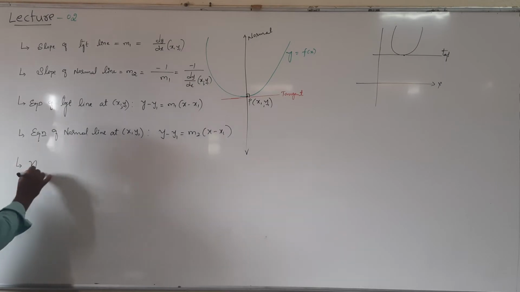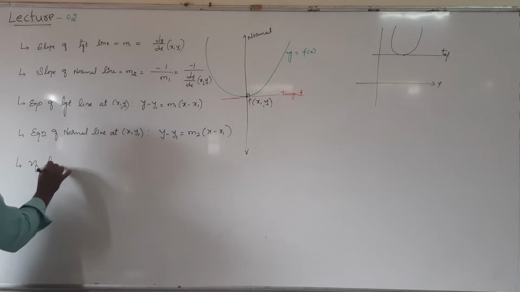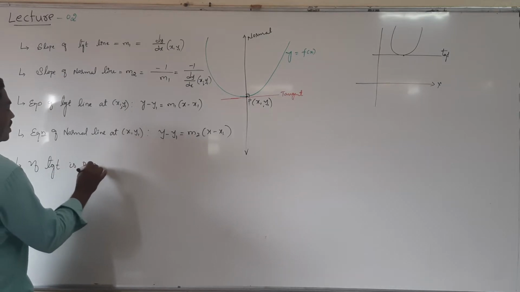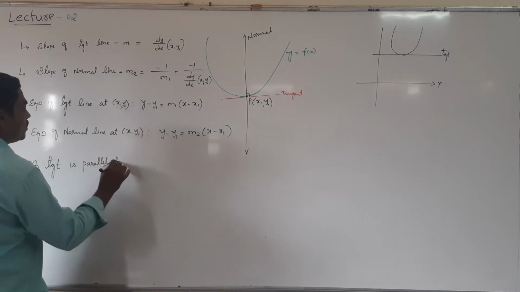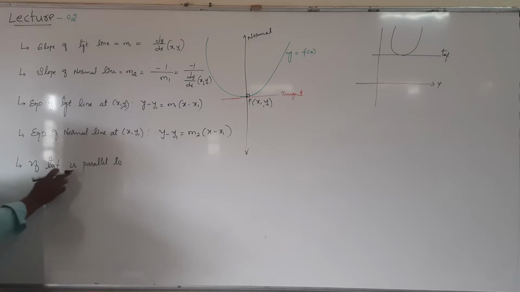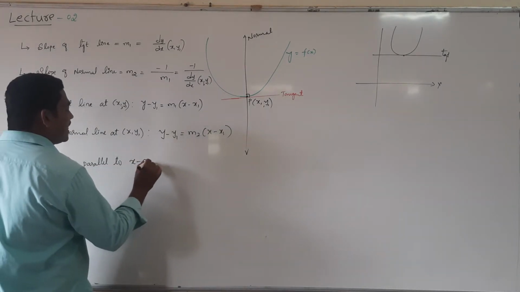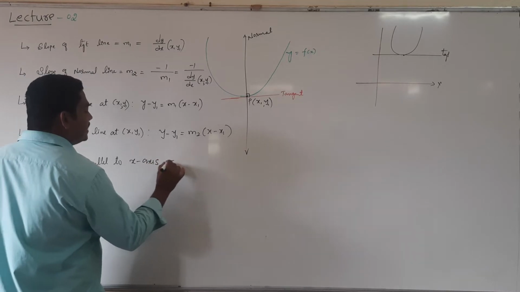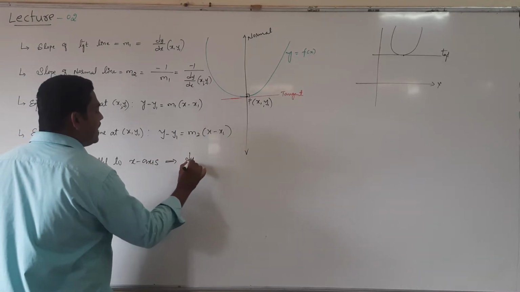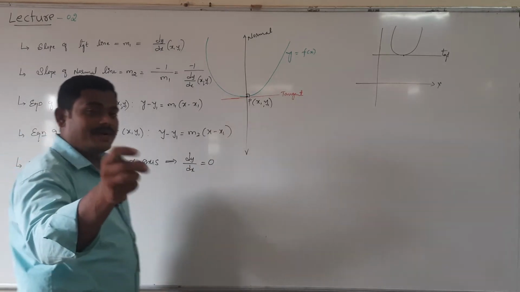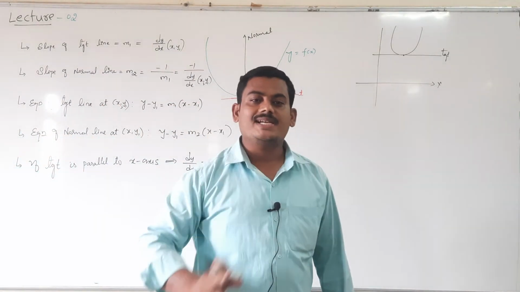One more point, if the tangent is parallel to the x-axis, then dy by dx equal to 0. Why is dy by dx 0? Slope of the tangent line is 0.